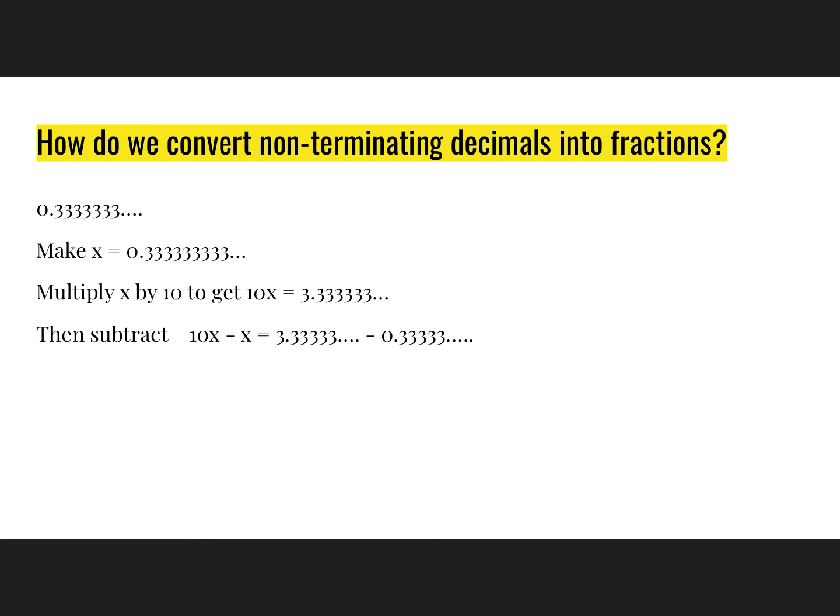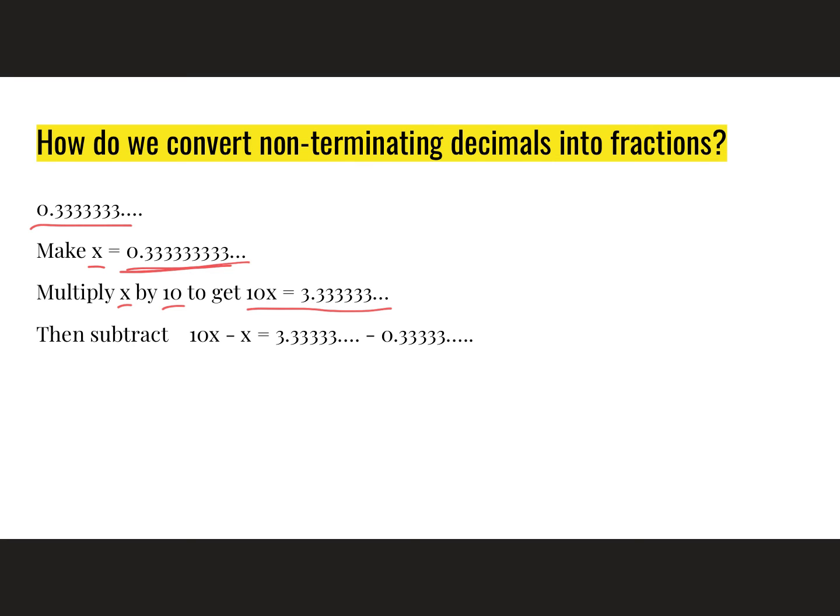So what if we have a non-terminating decimal, like 0.33333 forever? So we can use some things about these to find the answer. So first we're going to set x equal to whatever our fraction is. And then we're going to multiply x by 10 to get 10x equals 3.33333.